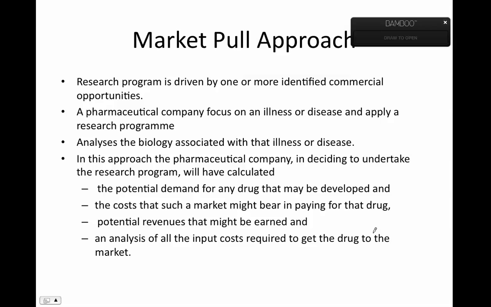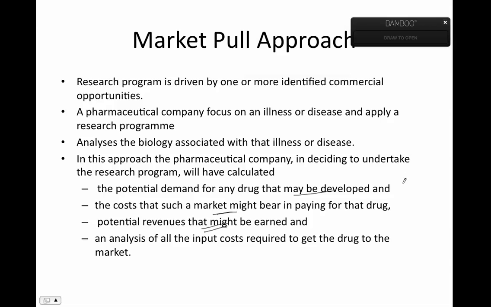In this approach, the pharmaceutical company, in deciding to undertake the research program, will have calculated the potential demand for that drug that might be developed, the cost that such a market might bear in paying for that drug, the potential revenue that might be earned, and finally an analysis of the input costs required to get the drug to the market.